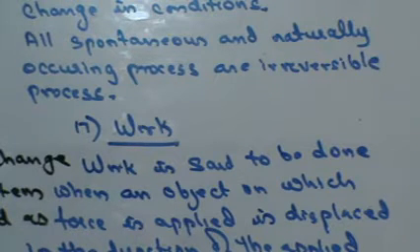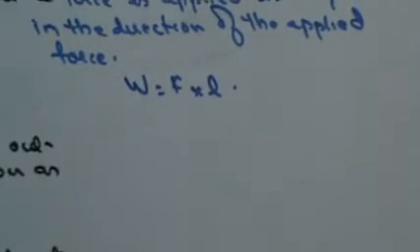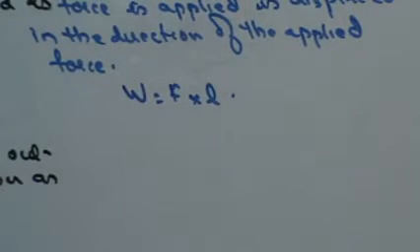So that is what work is. Hence, by definition, work is the product of force and displacement. That means W is F into d. During expansion and compression of a gas, the terms pressure and volume are involved. Hence, the unit of work is liter atmosphere.